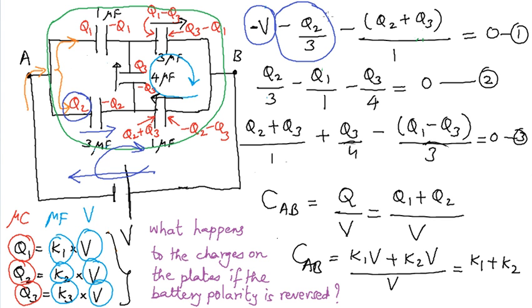There is nothing different in the expression. The value may be different because the value of Q2 may of course be different. Likewise, this term too is not going to change. That is, you still get minus of Q2 plus Q3 divided by 1.